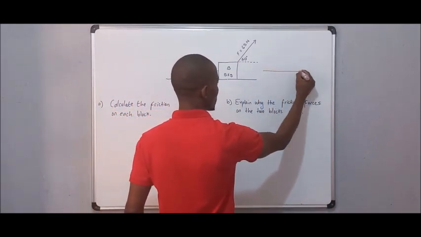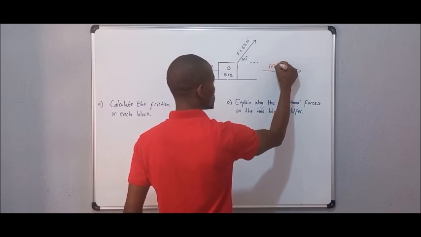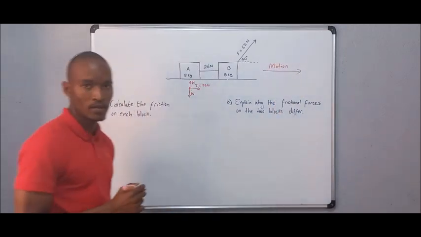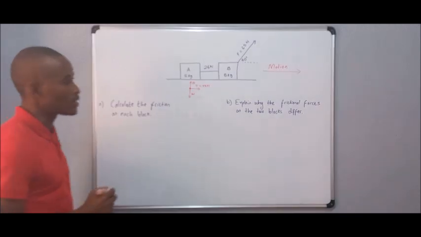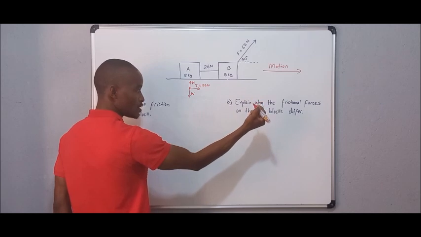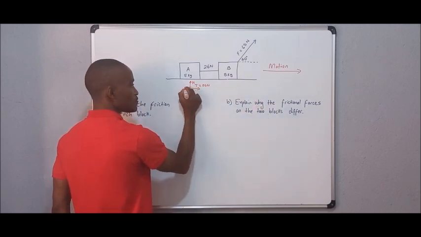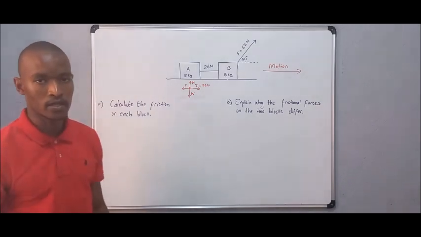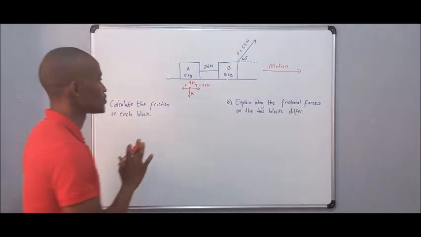So the direction of motion is to the right, meaning that, as per definition, friction is the force that opposes motion. Friction will be in the opposite direction like that. We're done with A.